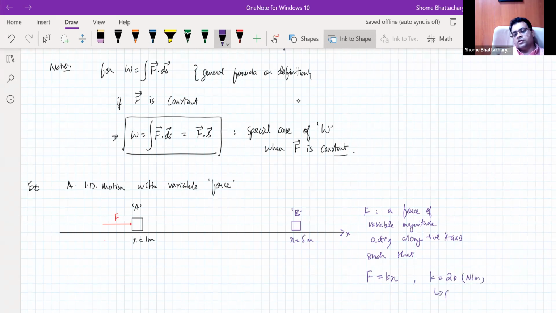So k is a constant, it has a magnitude of 20 newtons per meter, and x is the instantaneous position. What we have to do now is calculate the work done by this force from A to B.